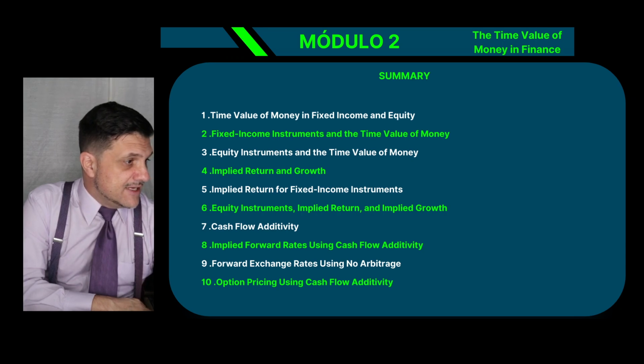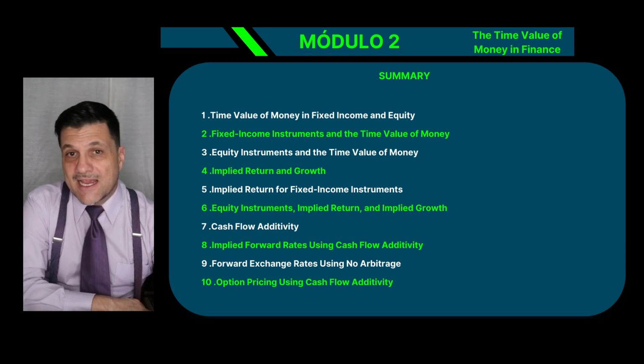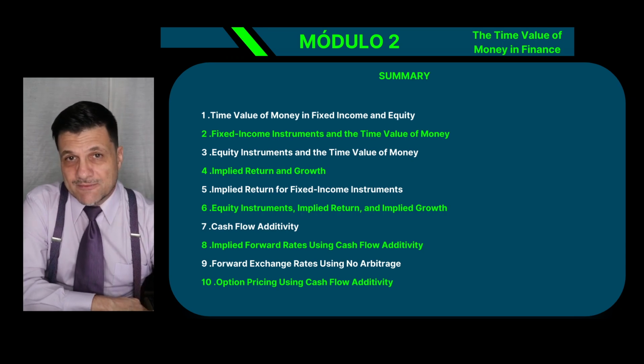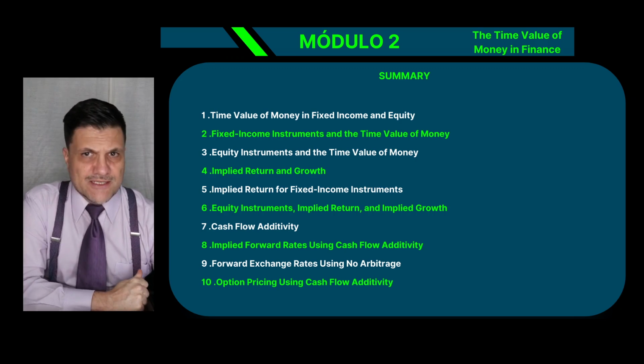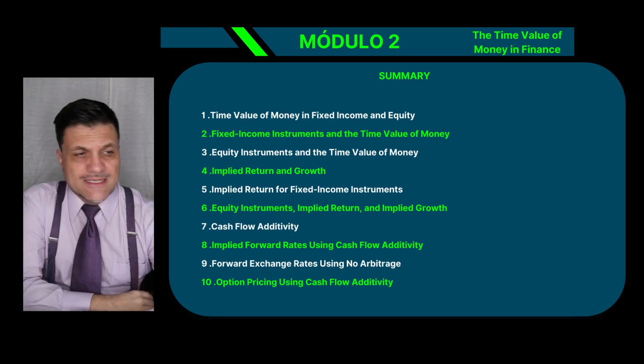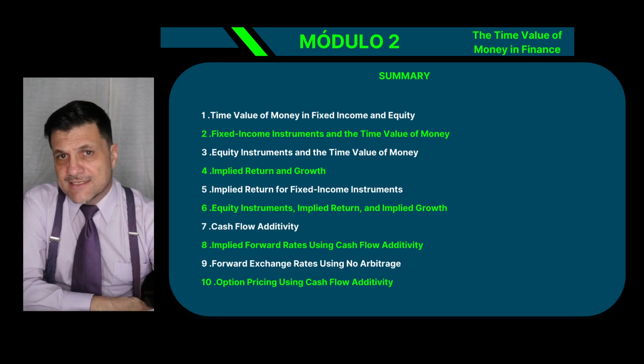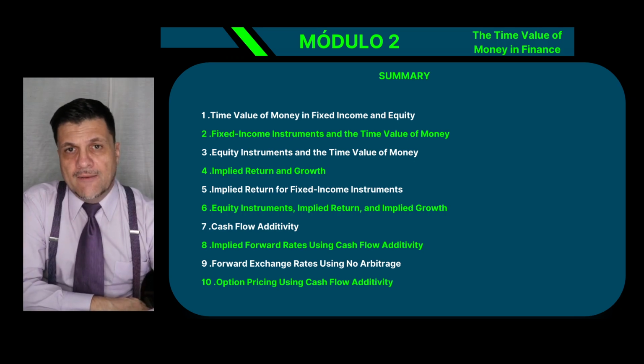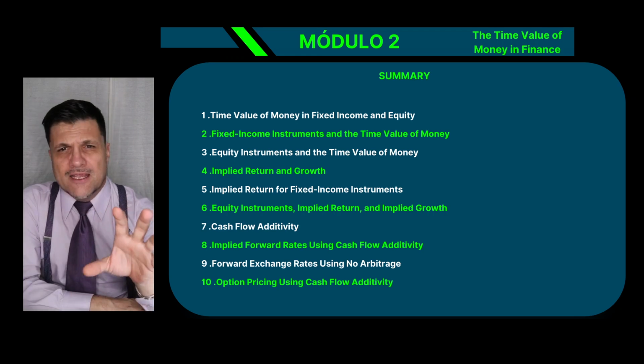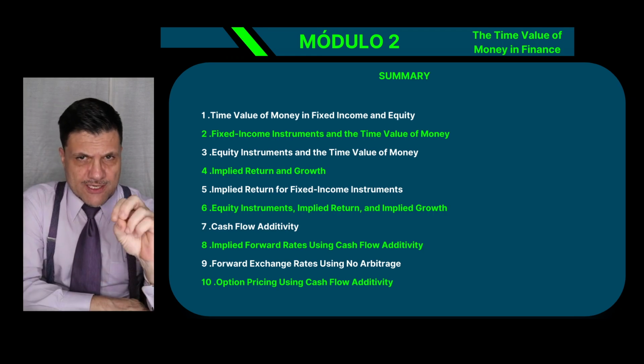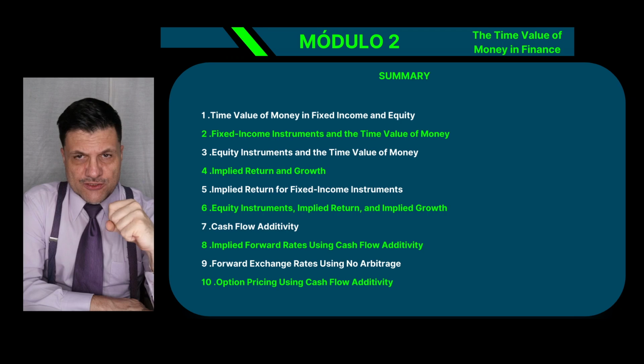Number 8, implied rates using the cash flow additivity concept: if I have the cash flows today, the time, and, for example, the future value or the present value, any other variable, I can find another one. We're going to see this as an example. When you see the numeric example, you'll see exactly what I'm trying to explain to you.